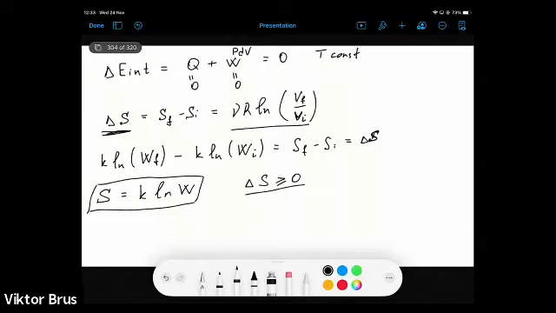Every time the system goes to some thermal equilibrium condition, the statistical weight increases because the number of possible microstates which describe the macrostate at equilibrium condition is larger.